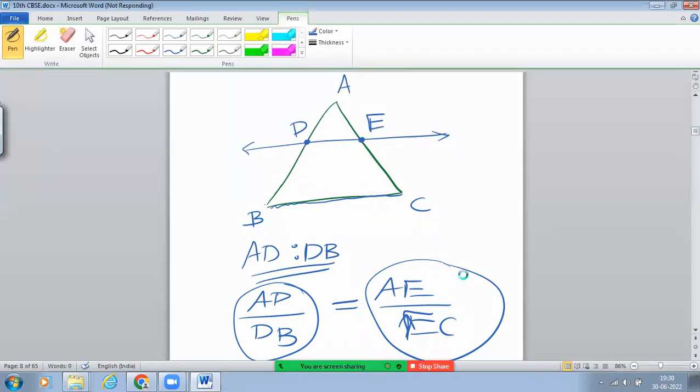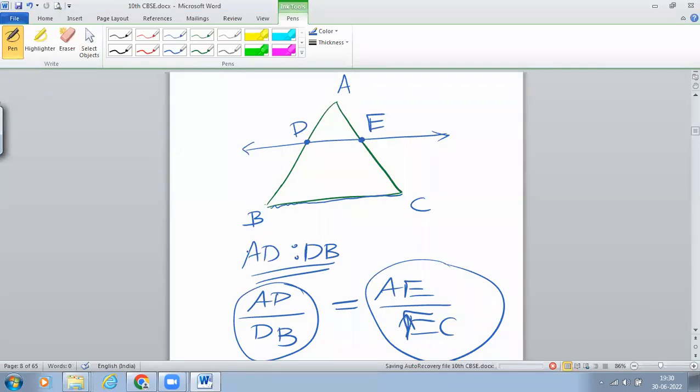So what you have to do right now is, just below the diagram, please write 'To prove'. Please wait. Okay, listen, just below the diagram, you have to write a topic like 'To prove', and just below it, write AD by DB is equal to AE by EC.